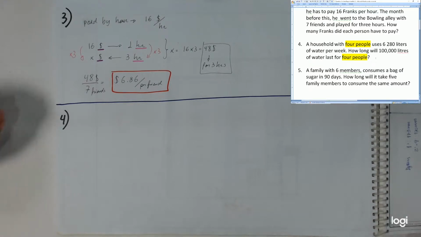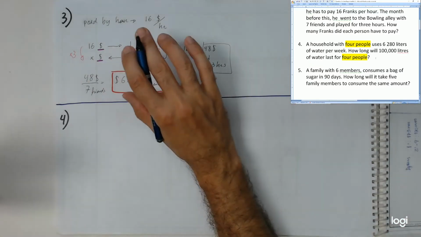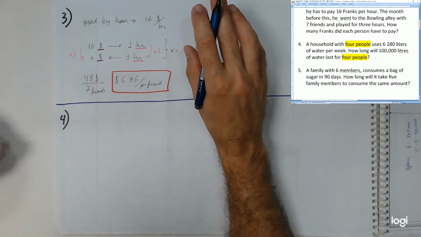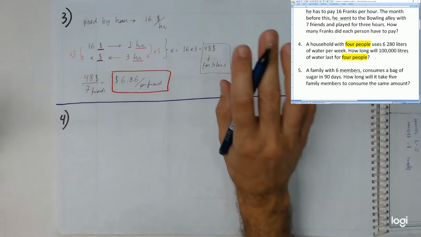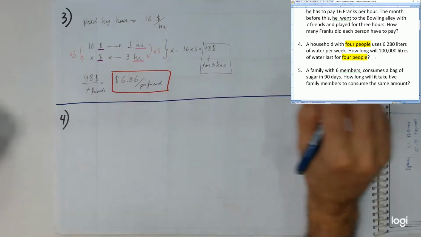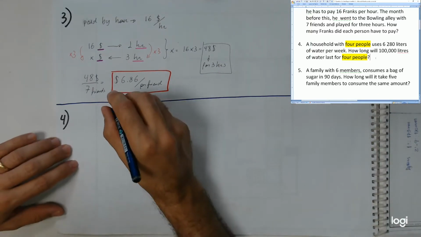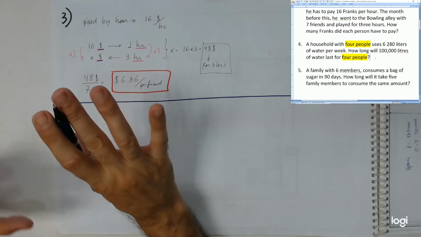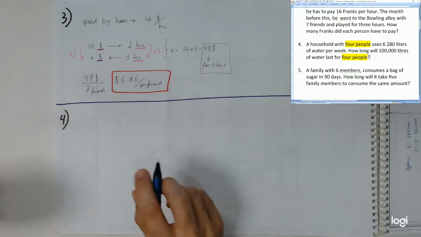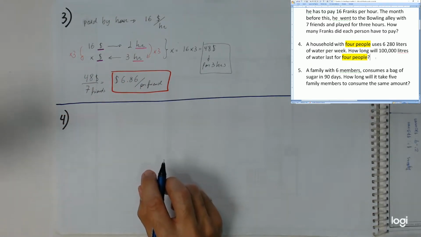So I'm not going to care about if it's 4, 10 or 200 people inside that house. It is never going to change, so ignore that. No problems? Okay, so let's start writing that. But ignore the number of people because they are not going to change. The only thing it is changing is the amount of liters.